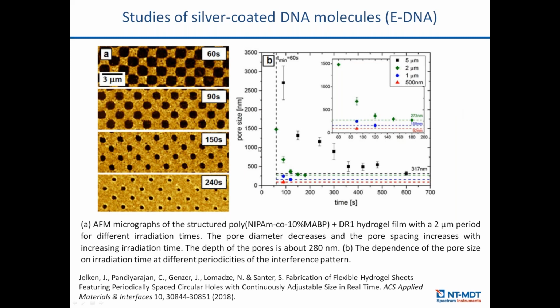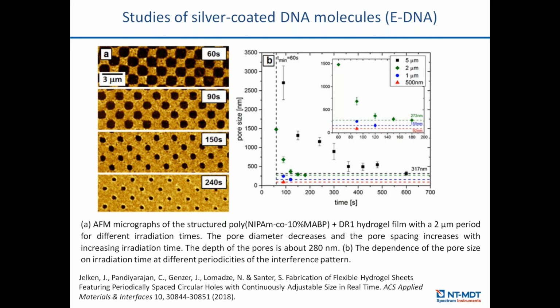And this work was dedicated to studies of, sorry, there is the wrong header on the slide. In this work, patterned hydrogel films were studied, and the study was dedicated to researching how these films are influenced by different kinds of impacts.